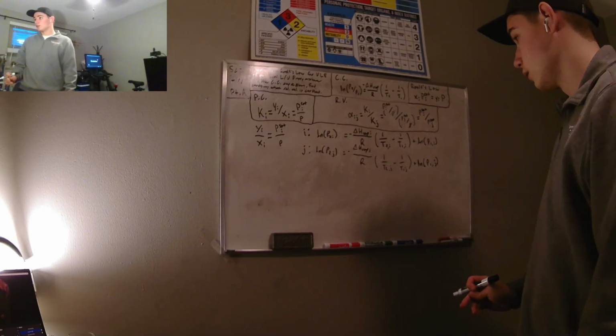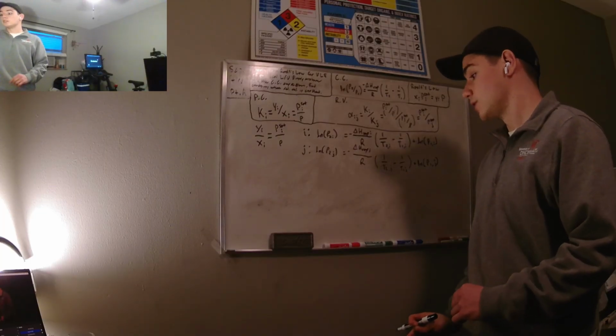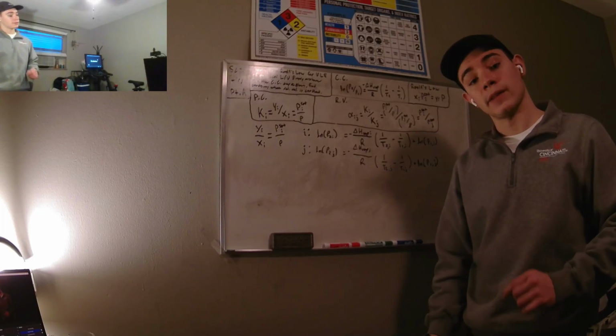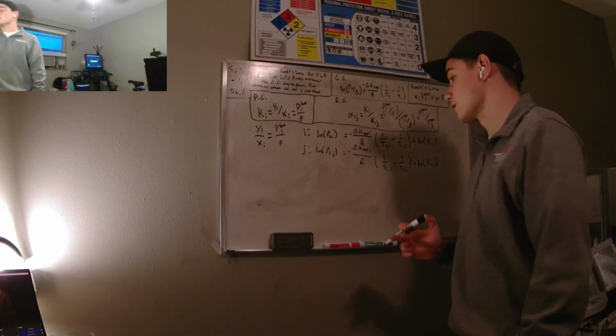Going on from here, we can now subtract both of these equations from each other to get one gigantic equation that we're going to use to find under what conditions relative volatility is constant.